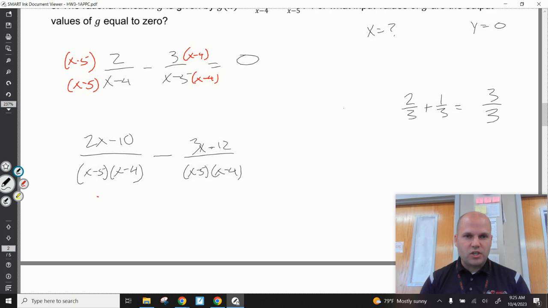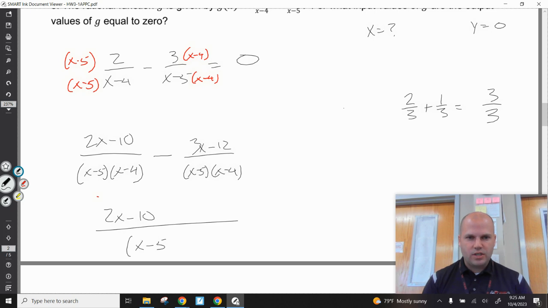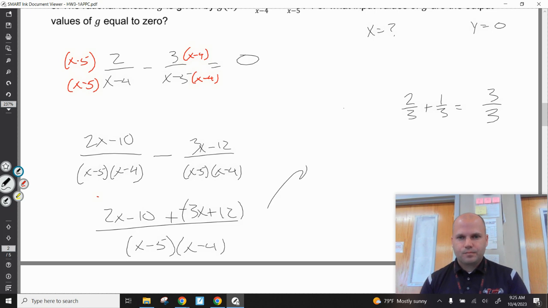Well, here I'm going to be subtracting 3x minus 12. If we wanted to write this all out as one fraction, the common denominator stays, the x minus 5, x minus 4. The numerator would be subtracting the 3x minus 12, all of it. I use a set of parentheses to know that I need to distribute this negative, so it's -3x plus 12, giving me 2x minus 10.